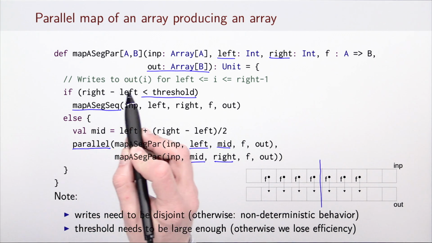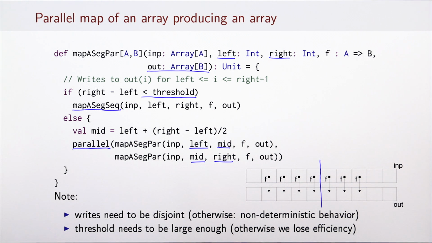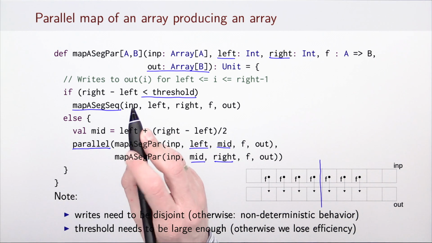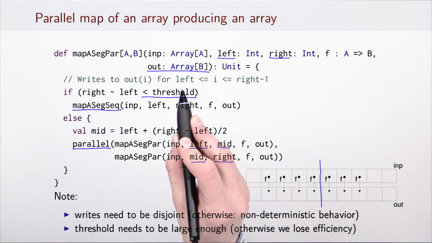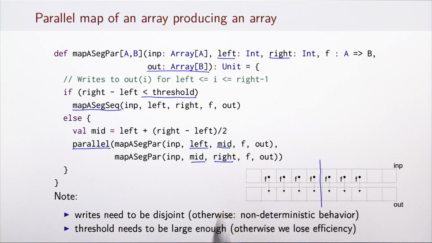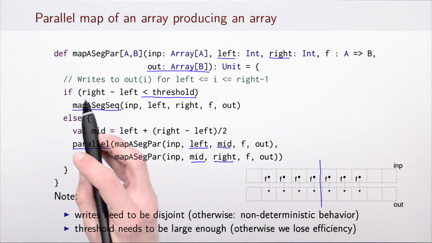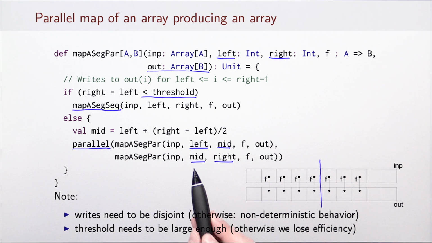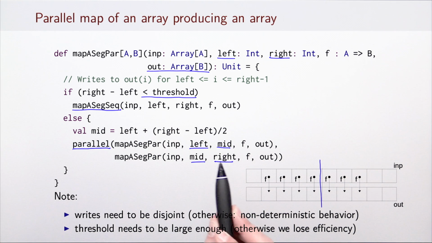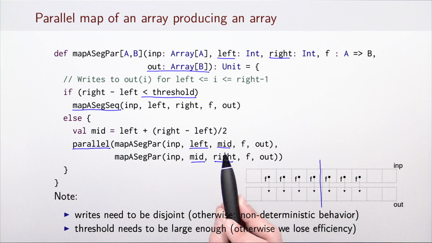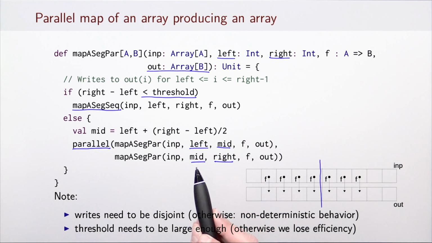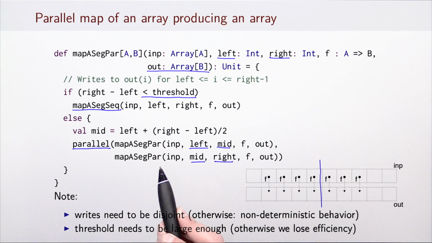And here we have a specification written as an informal comment saying that our recursive function, just like the sequential counterpart, writes to elements out of i for indices i between and including left and up to and including right -1. Because of this property, we see that these recursive calls in fact will not interfere, because the highest element to which the first argument of parallel will write is mid -1, and the first element to which the second call will write is mid.